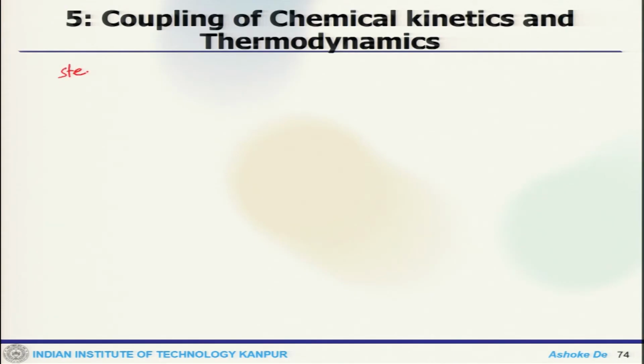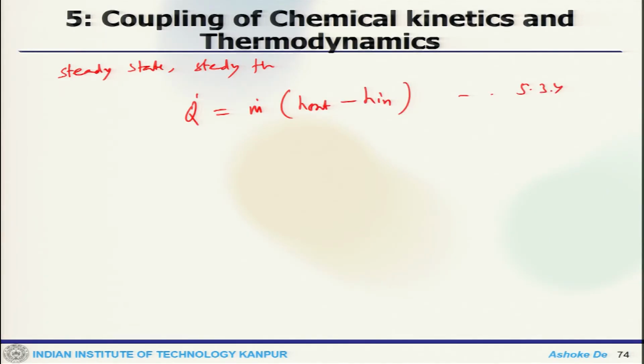Now, what we can write is the steady state, steady flow energy conservation for the well stirred reactor, where we get q dot equals m dot (h out minus h in), which neglects any changes in kinetic and potential energy.